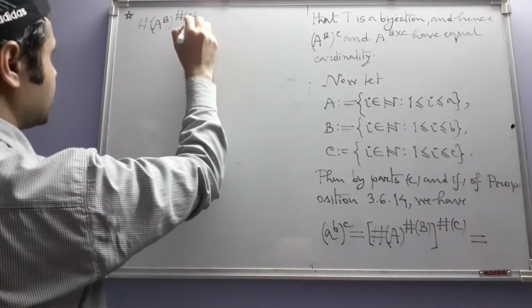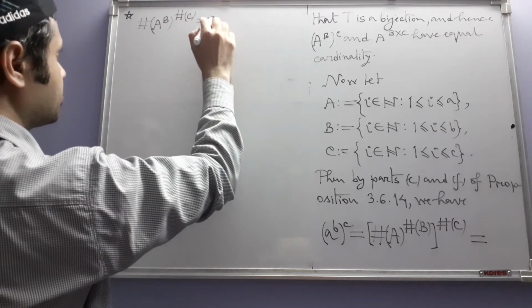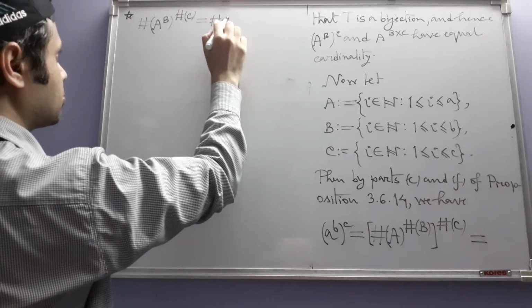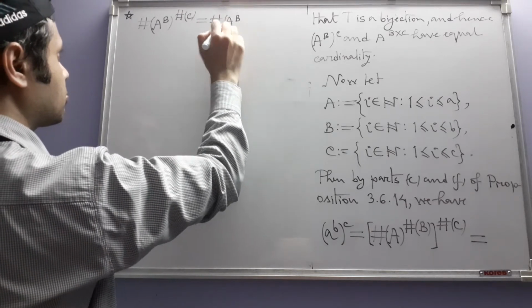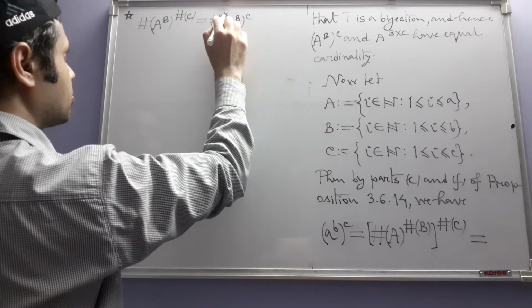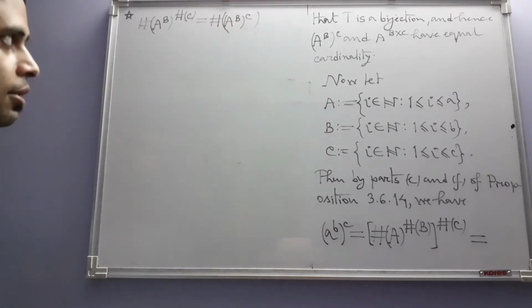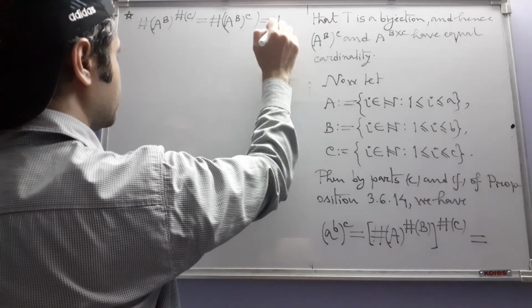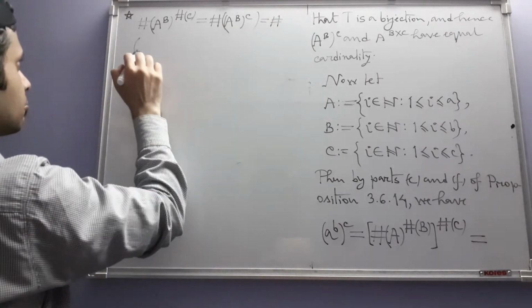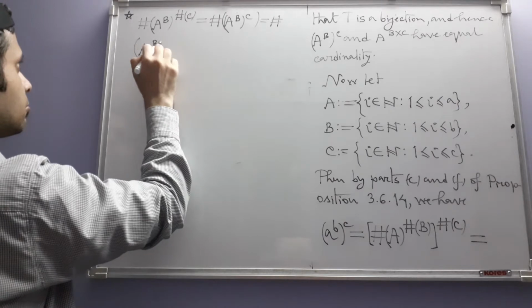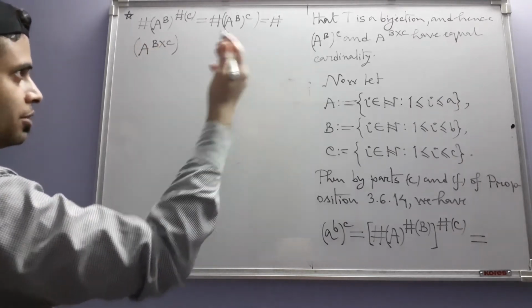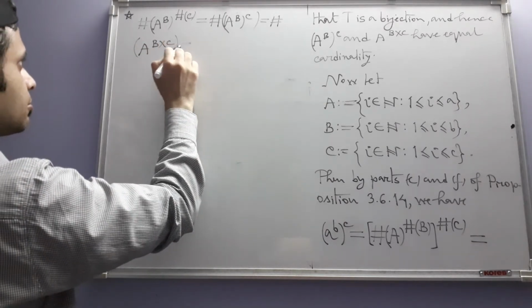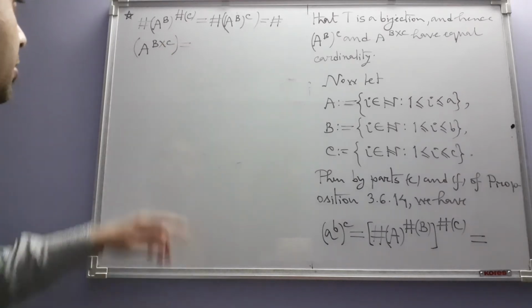Again, by applying part F, we have, and now this thing has the same cardinality as this set. This follows from the previous paragraph. And what is the cardinality of this set?